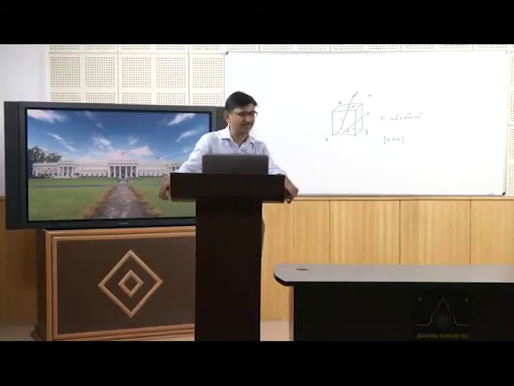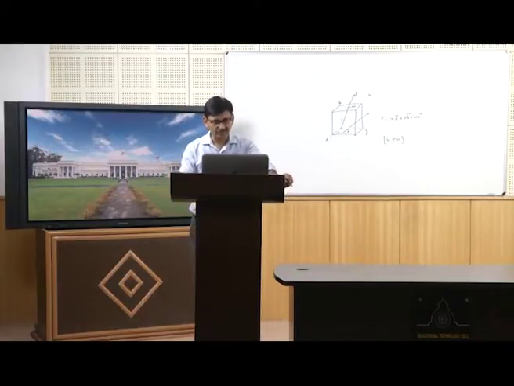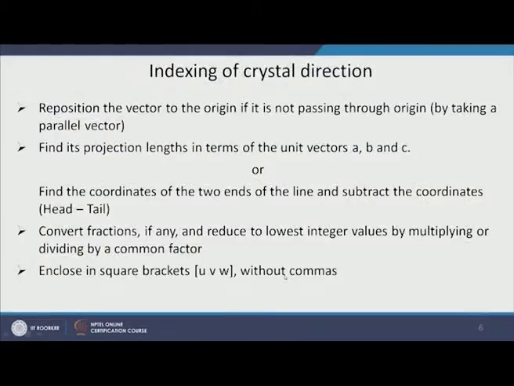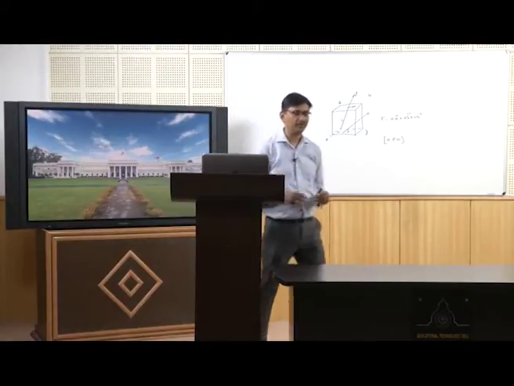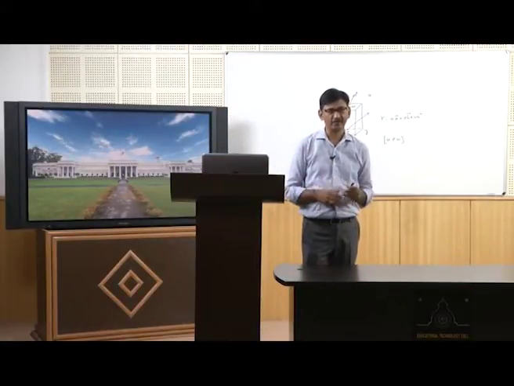So instead of fractions, Miller suggested that you can have integers. The fractions will be converted to lowest integer values by multiplying by a common factor, and then whatever you get will be enclosed in a square bracket, UVW, without commas. So that is the whole algorithm for finding out the direction.